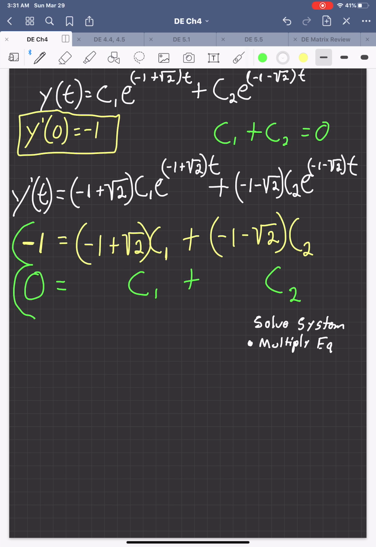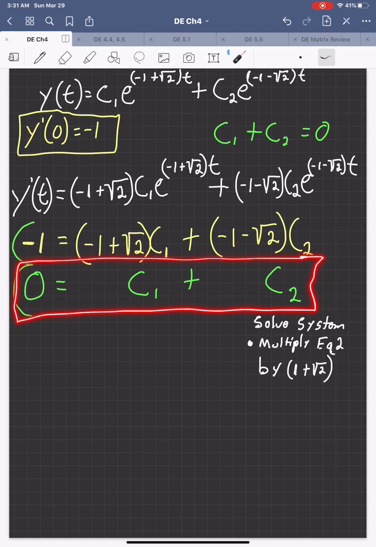Actually, in this case, I'm sorry, I wrote it on my paper. This equation 2 by 1 plus the square root of 2. Does that make sense to what I'm trying to tell you here? That if I take this, so this is my equation 2, and I multiply that by 1 plus the square root of 2, that's going to help me cancel the c sub 2's.